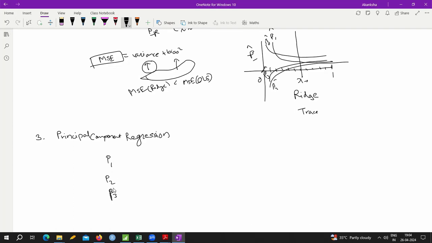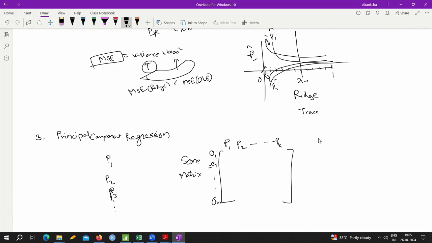So the score matrix obtained from principal component analysis of regressors: I'll have observation 1, observation 2, observation n, but instead of x's, now I will have P1, P2, Pk. They will be PC scores corresponding to k PCs. And this I will now use as the regressor matrix.